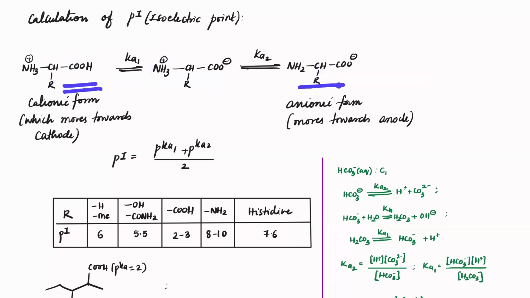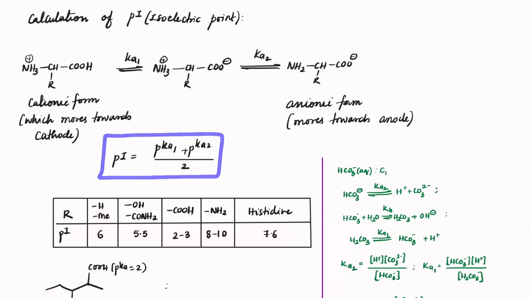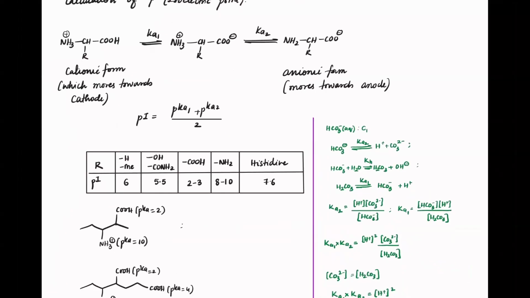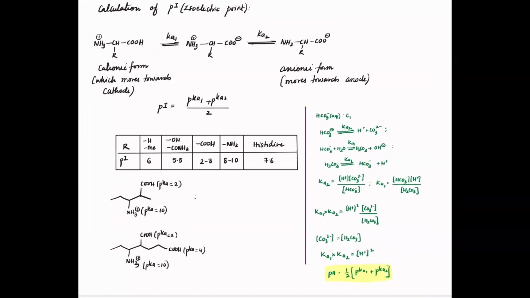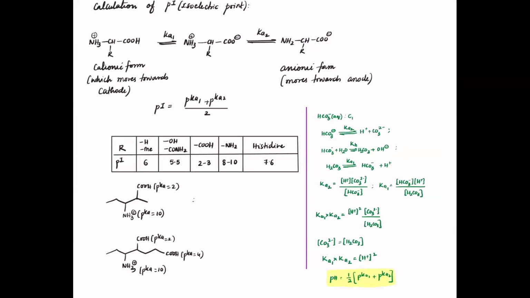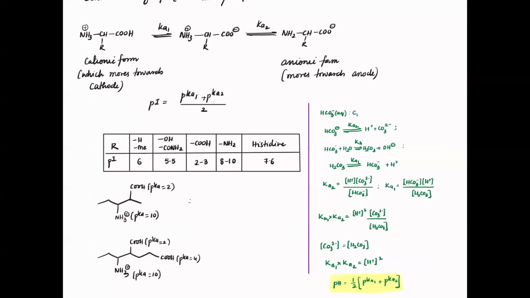Both should be equal and small in amount. In that case, the pI value, the isoelectric point, will be the average of pKa1 and pKa2. Please notice this and relate it with the derivation. Check it out quickly. I'll give you a minute's time.